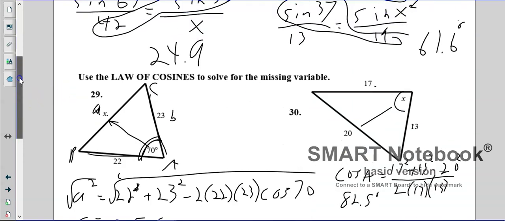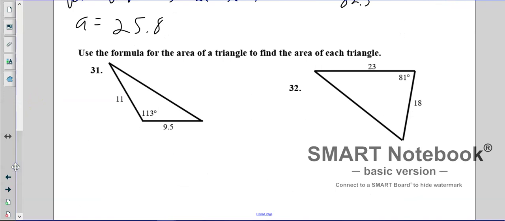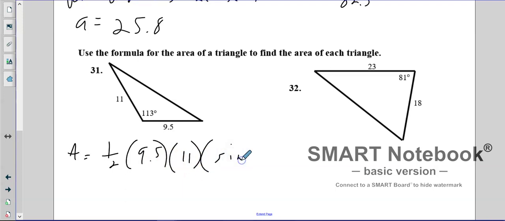Okay, so that was 3 and 4, and now the area problems, 5 and 6. So, formula for area. 1/2 the two sides. 9.5 times 11 times sine of the angle. That's all there is to it.